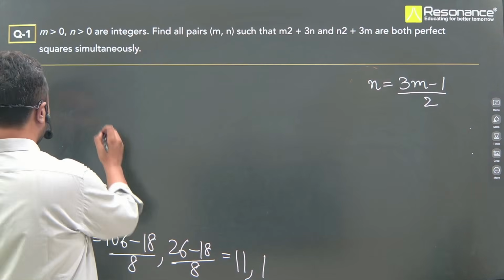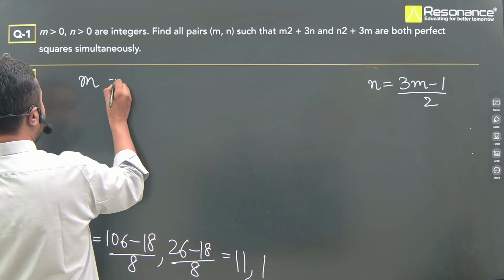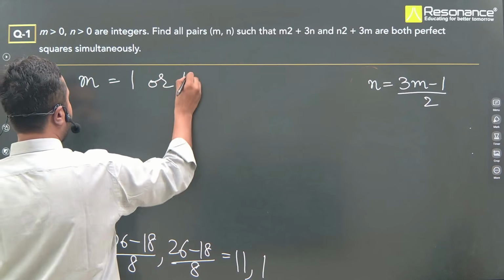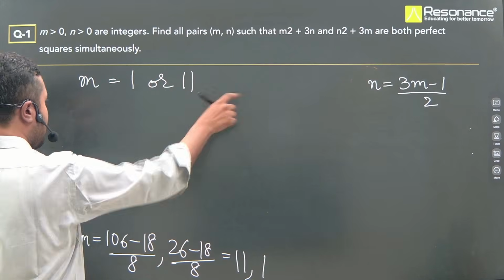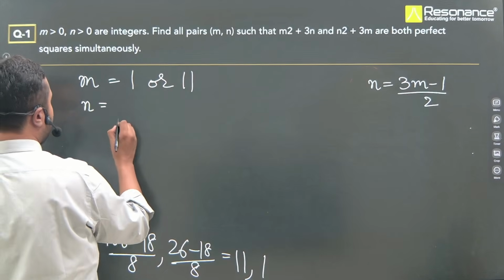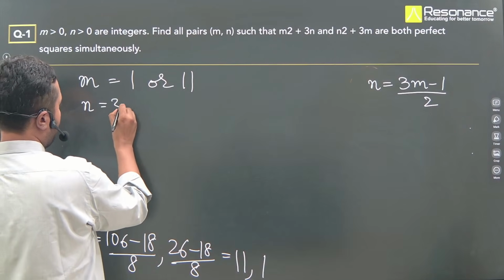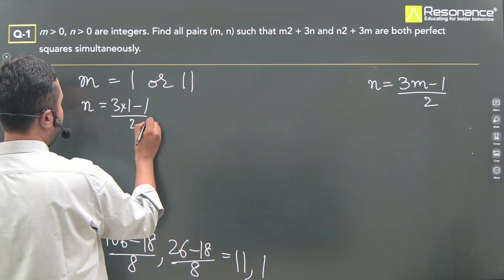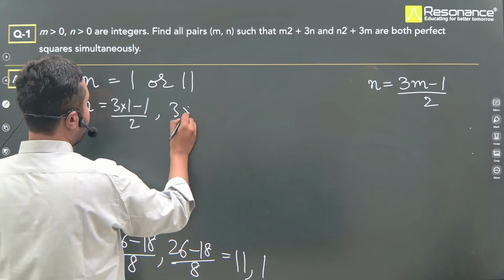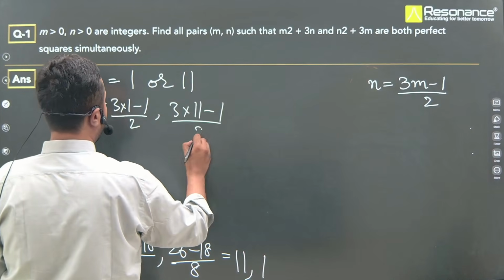Okay, so m is equal to 1 or 11. And what does that give us? n must be, well, 3 times 1 minus 1 by 2, or 3 times 11 minus 1 by 2.